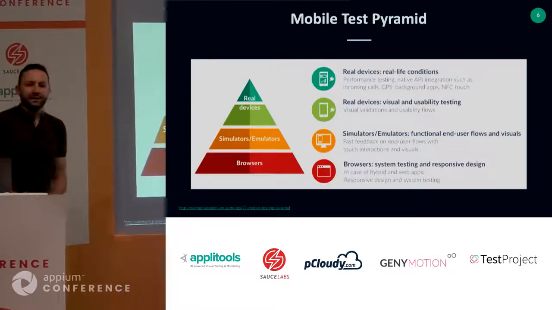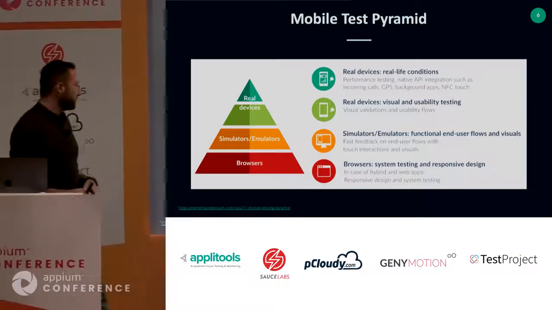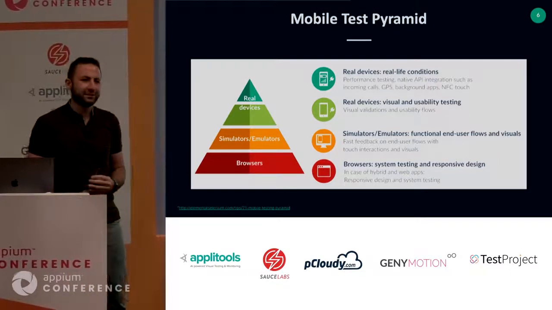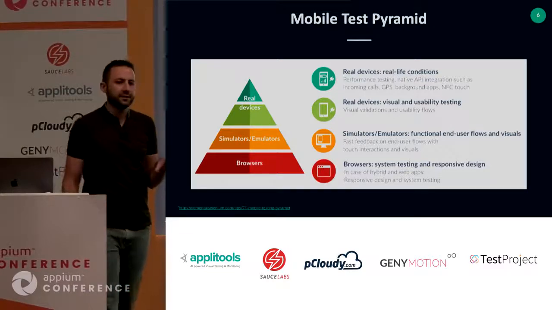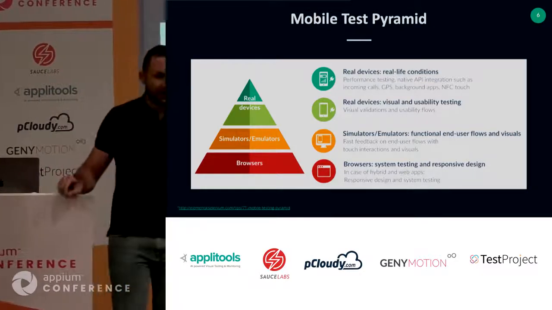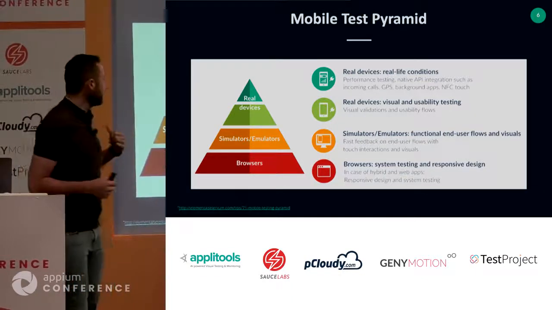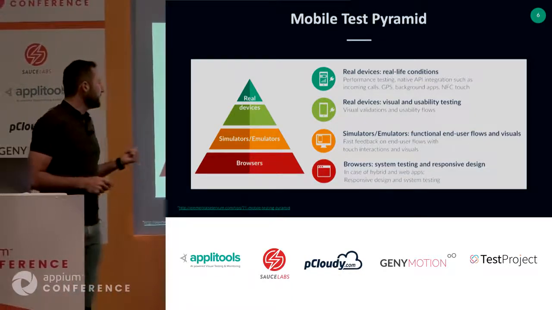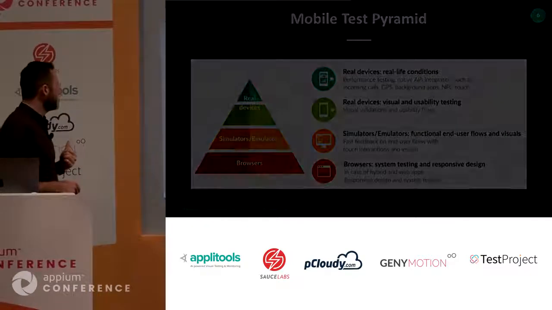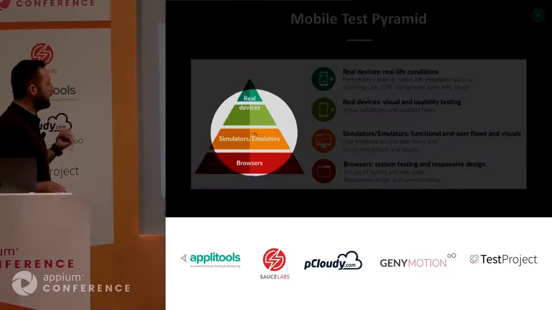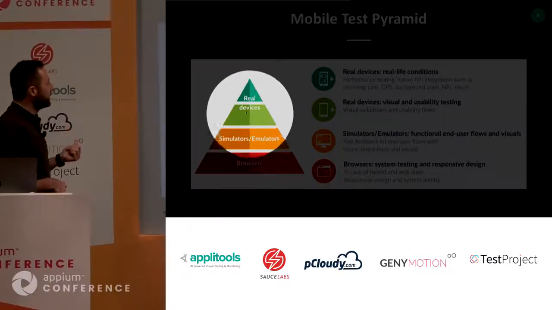So actually why do we need this? This is one of the testing pyramids. I had the testing pyramid already, but this one is a bit different. This is more related to mobile testing. If you take a look at this pyramid, you will see that the simulators and emulators should be more than the real devices.